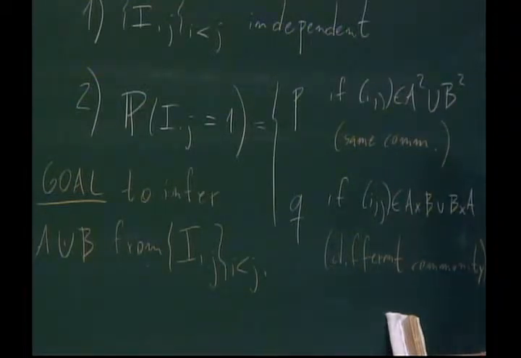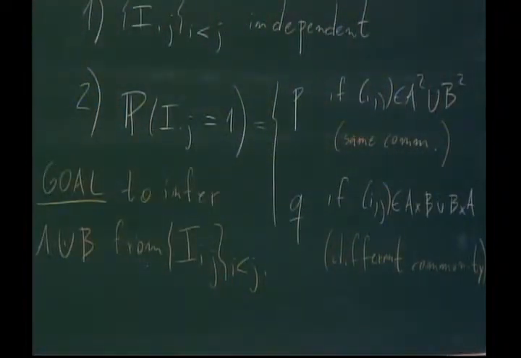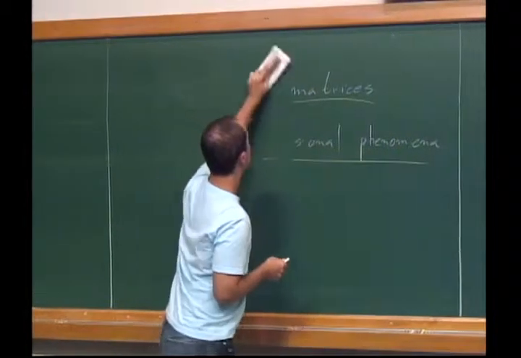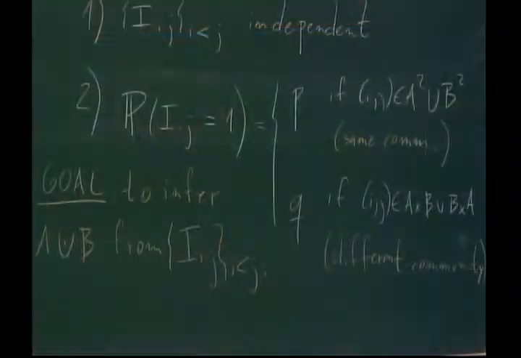Right, so what does this mean? Well, let's take a closer look at what this model looks like, just to see if you understand the problem. Well, let me first say how matrices come in.